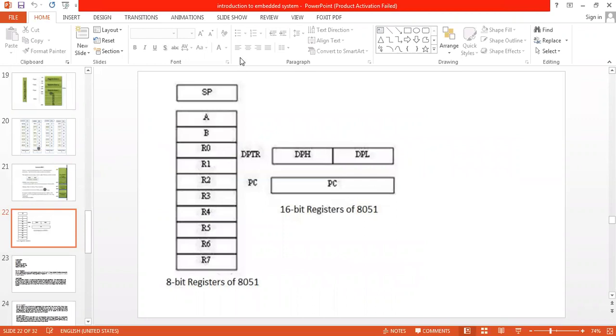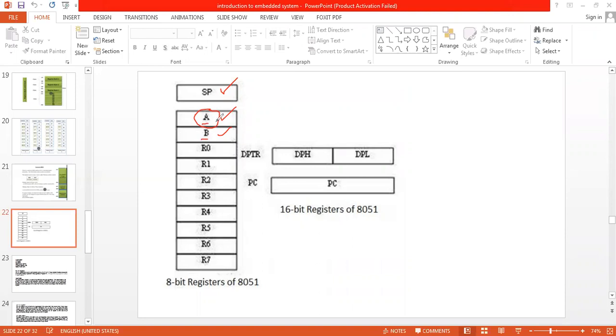We were talking about register A, register B and the register SP. SP is the stack pointer, which holds the initial address of the stack memory. We also discussed what a stack memory is. Then we saw the function of the accumulator. The A register is the accumulator register, and the B register is the base register.